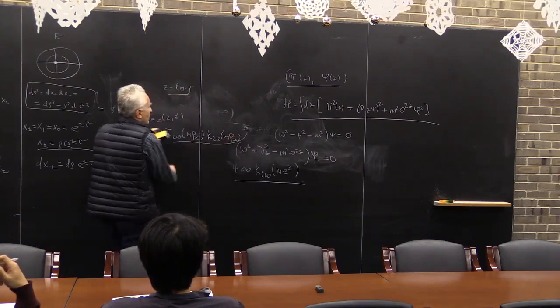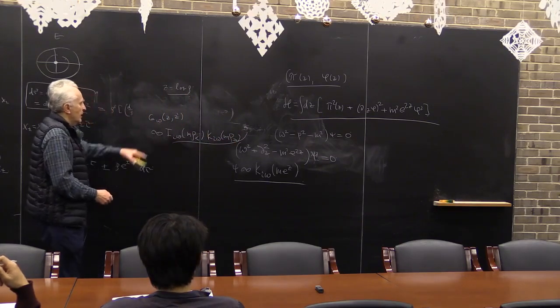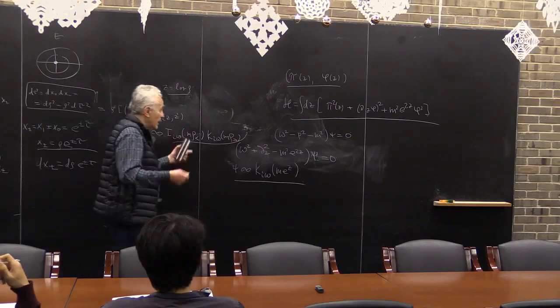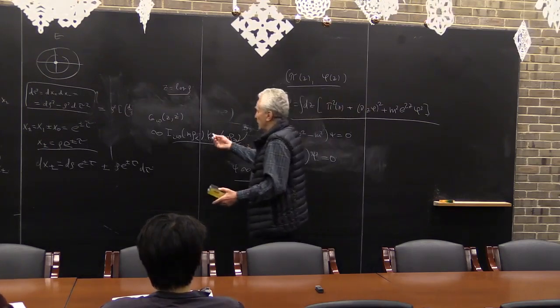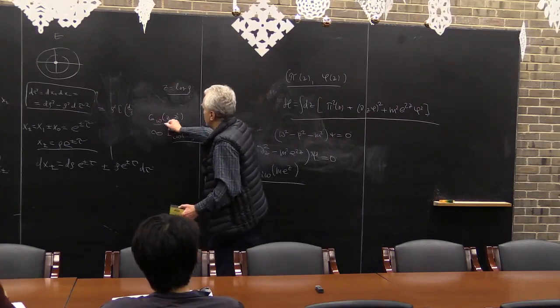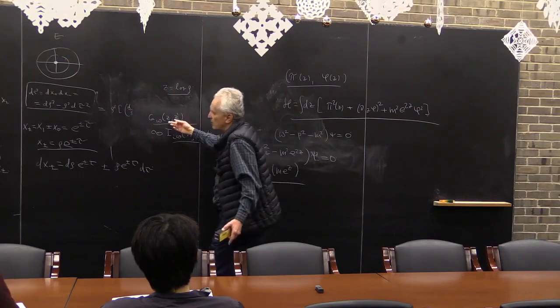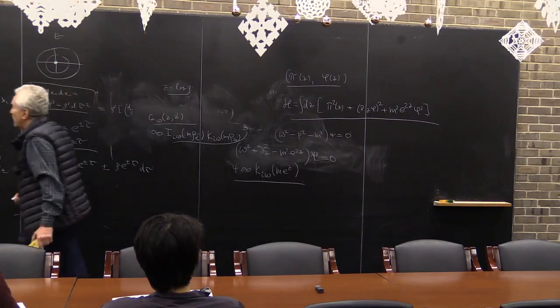You can easily solve this problem and show that all Feynman diagrams are well defined. You just use this propagator instead of the flat space propagator.